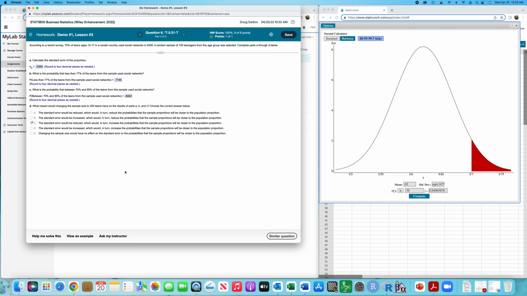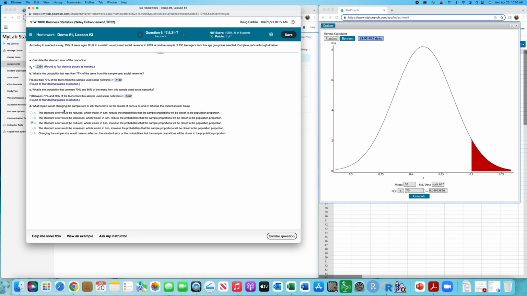All right, so for the standard error, we're going to take the square root of the p, which is 0.75, times 1 minus the p, which is 1 minus 0.75, which I think we can all see is 0.25. And I want to divide by the sample size, which is 150.